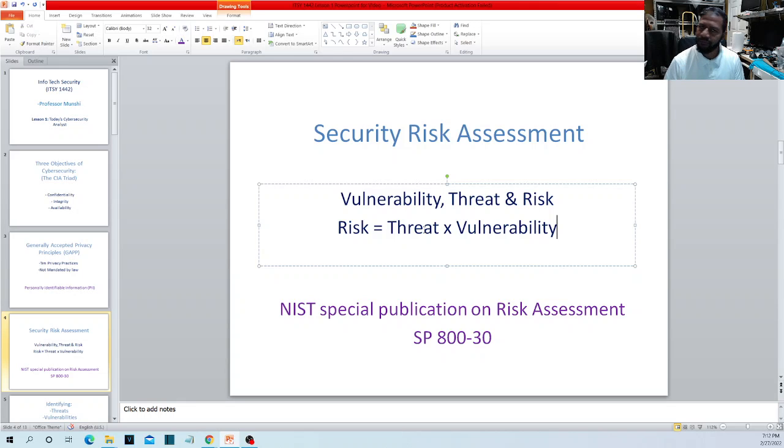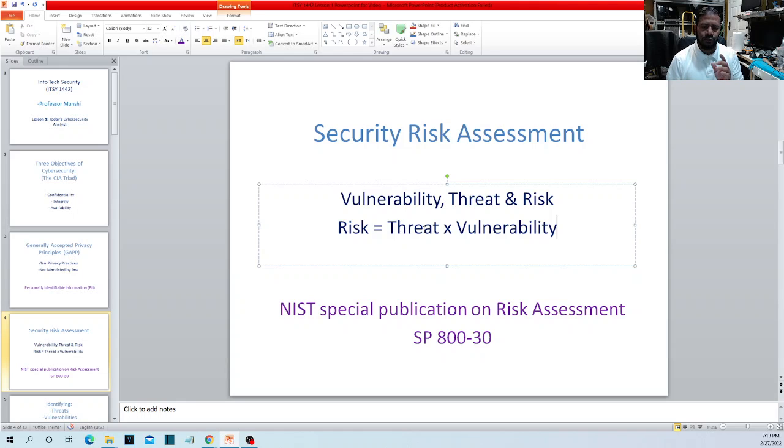For example, if you are in a place where there is no earthquake, an earthquake never happened in the past, and is never expected to happen, but the building that you are in is not strong enough, it cannot withstand an earthquake.